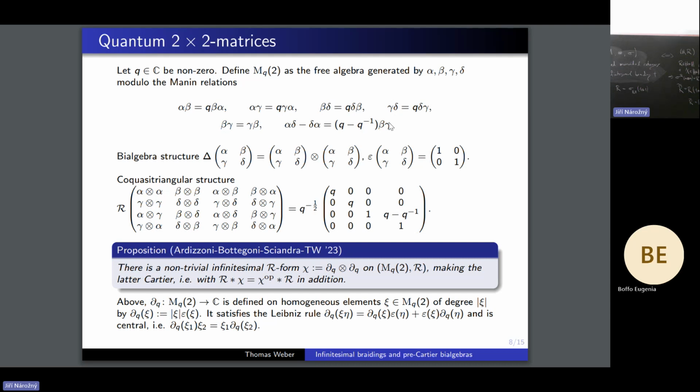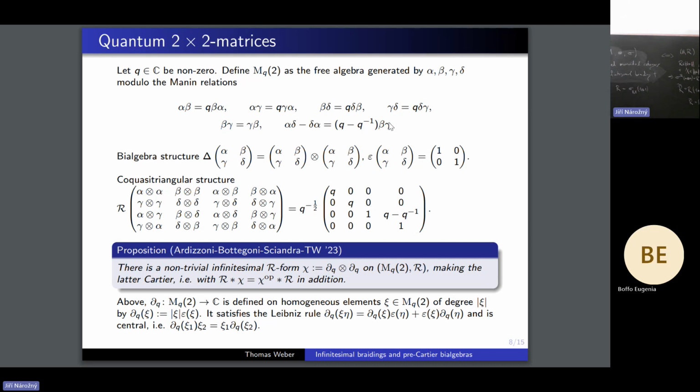That's something complicated here. This turns out to be a bialgebra with the coproduct written here as the matrix comultiplication and counit like this. This comultiplication really just means that, let's say, delta of alpha is alpha tensor alpha plus beta tensor gamma. So it's going like this and then down.